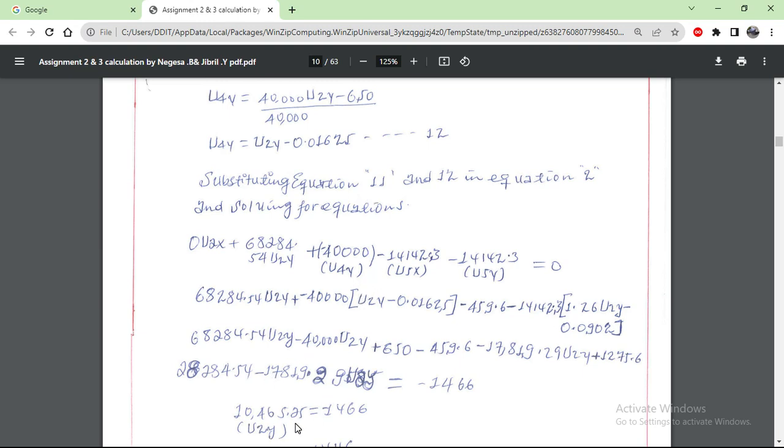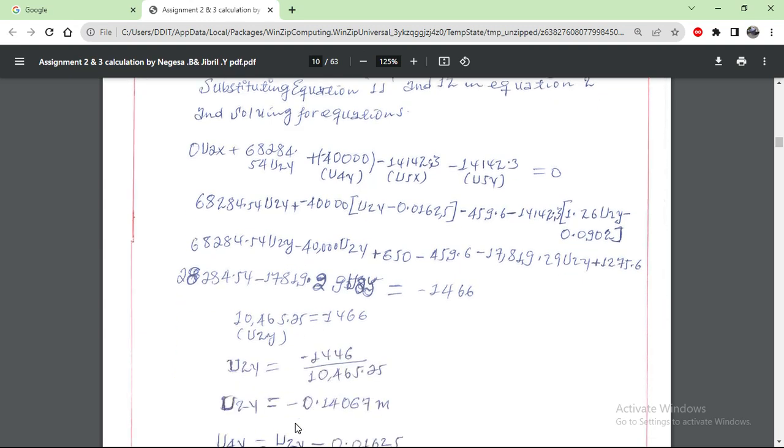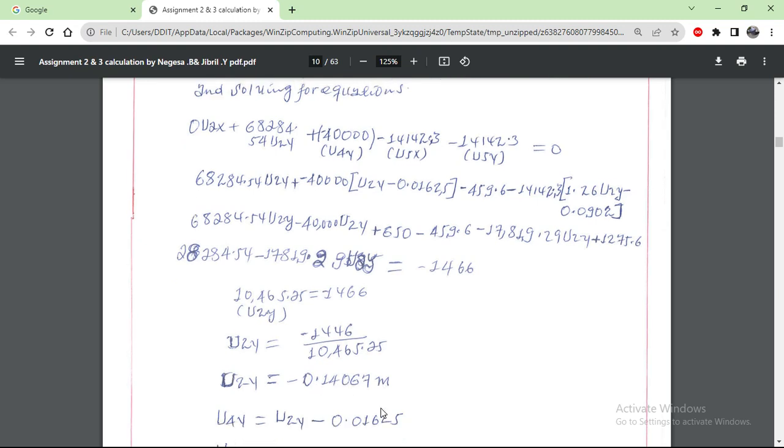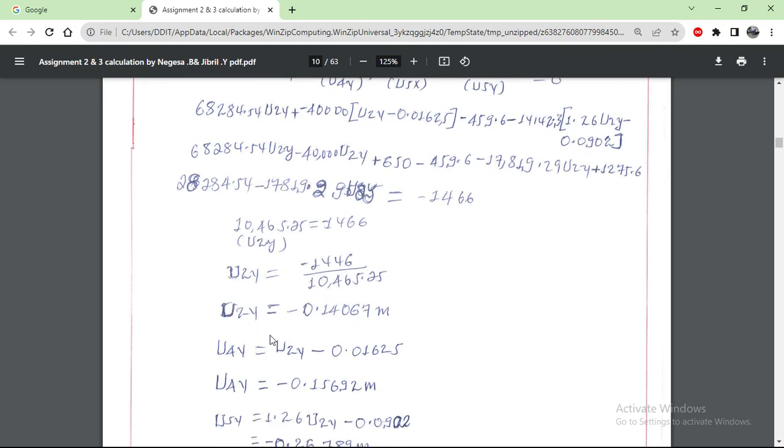So at the end we get this result: u2y equal to 0.14 meter. Then we get u4y equal to u2y minus this, from equation 9 or 10.